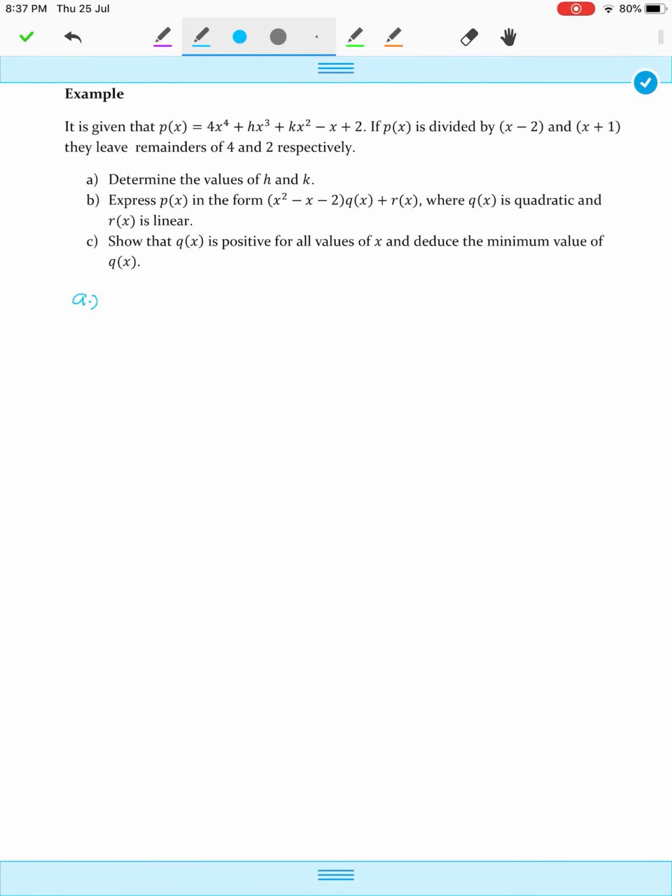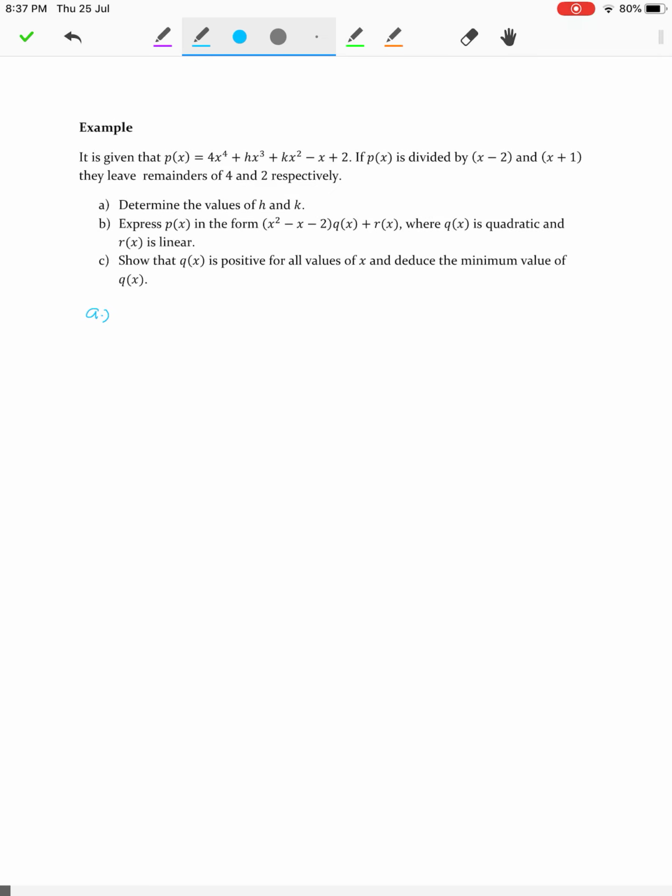For A, what the remainder theorem says, if you have x - 2, you put x equals 2 in p(2), and you can see that this thing is equal to 0. So you just substitute x = 2.